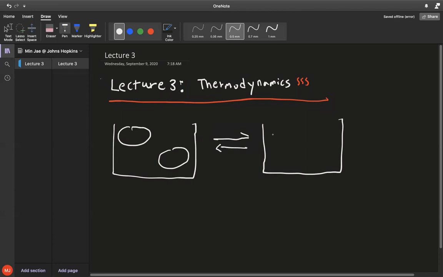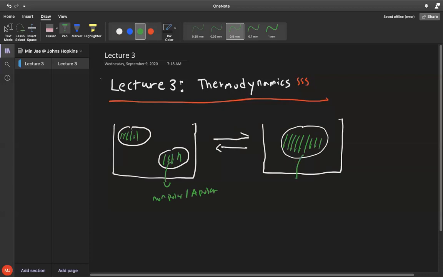So just like last time, whatever's inside here represents nonpolar or apolar molecules. And for this one, it's the same molecules, but they're just clumped together, so that's also nonpolar.